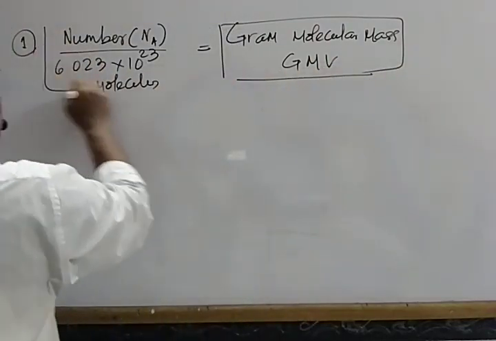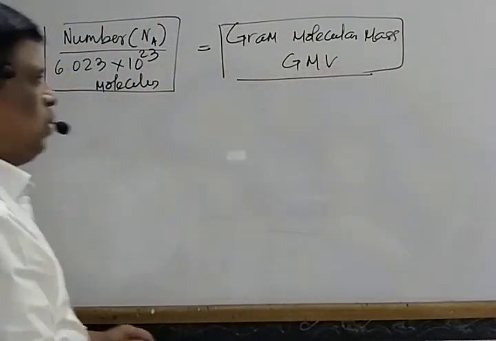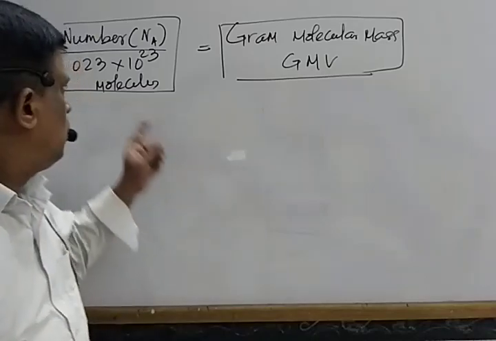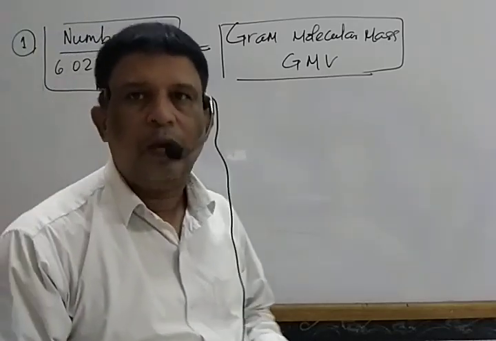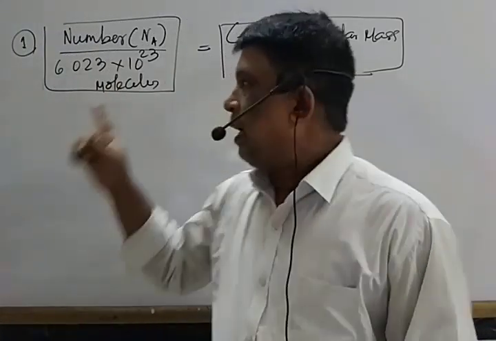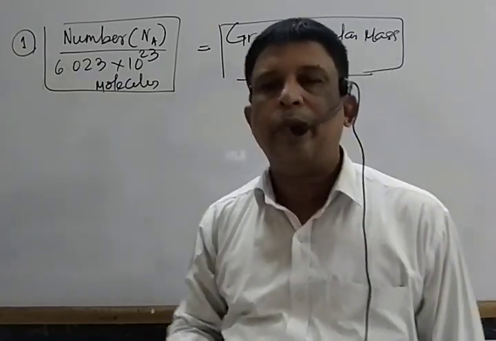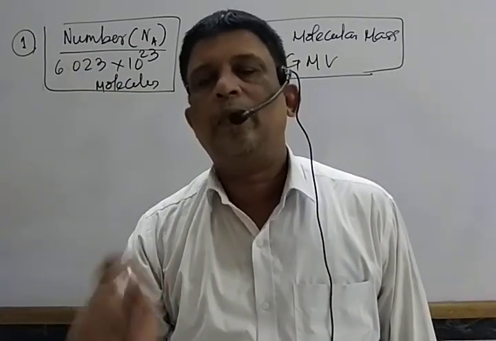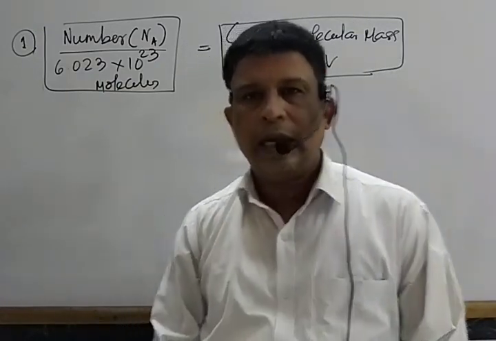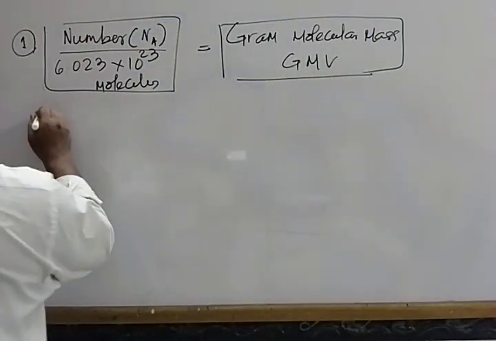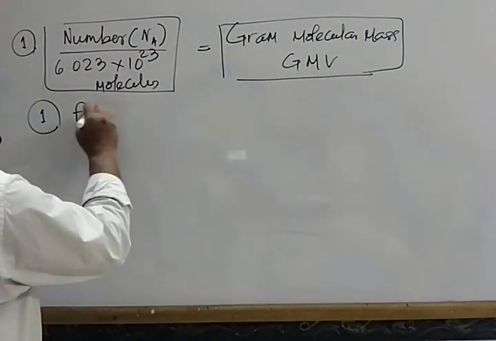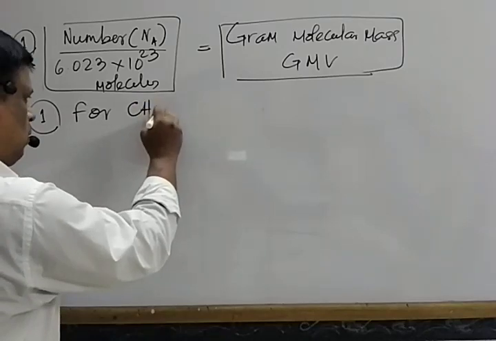Mark that. We deduce a relationship between these two terms. One is known as the number of molecules, that is Avogadro number, and the other is known as GMM, gram molecular mass.